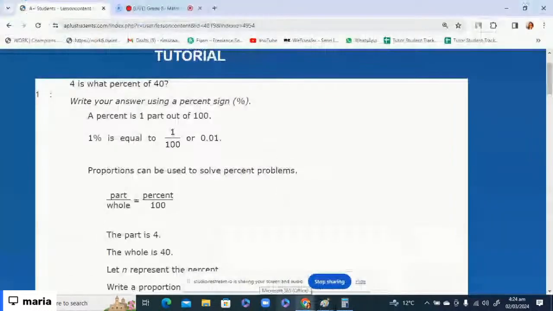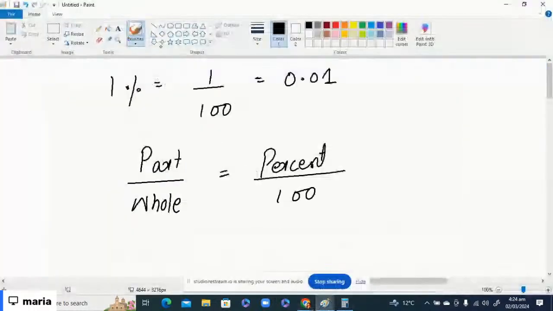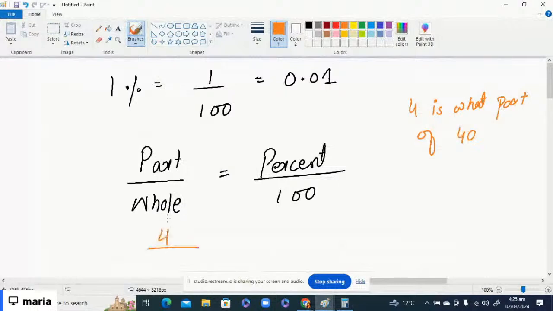So what is part here? Part is 4. What is whole number? Whole number is 40. What is percent? Percent is not given. So if the question is 4 is what percent of 40, 4 is your part. What is whole? That is your 40. What is percent? This is the unknown number over 100.